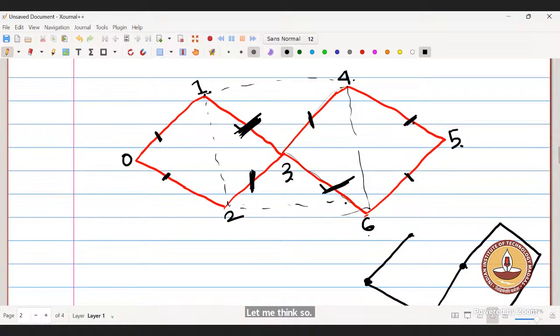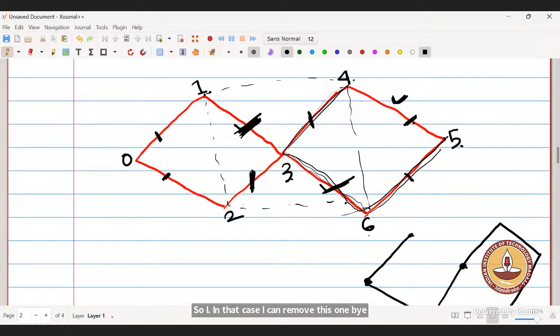If I keep this one like this and this one like this, then I can remove this one. So how many edges do I have? 1, 2, 3, 4, 5, 6, 7, 8, right?